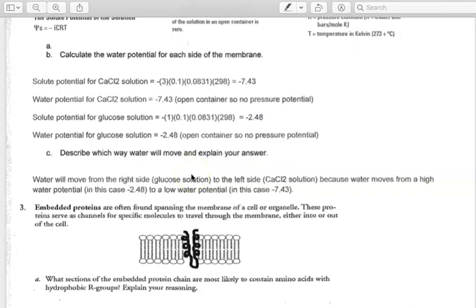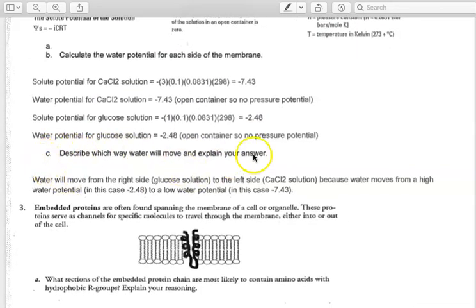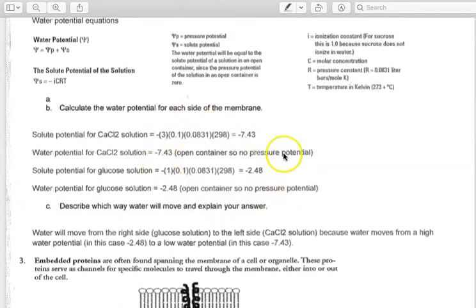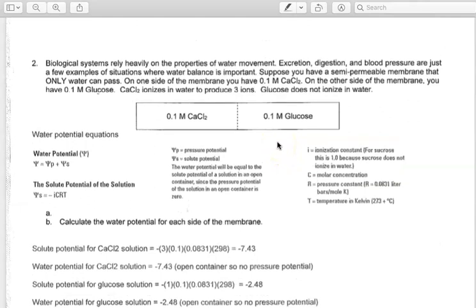How could I have answered question C, in which way will water move, without actually doing any of this math? I could have answered it just based on logic.